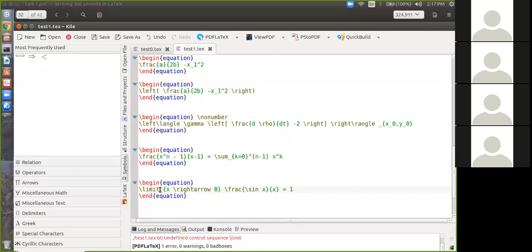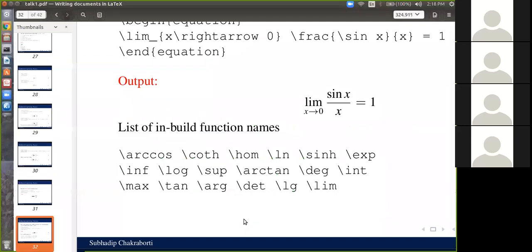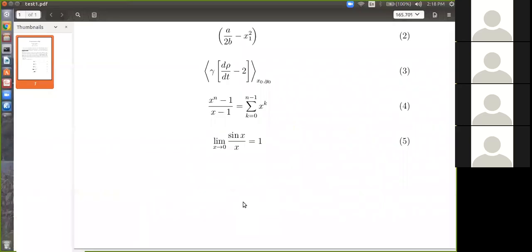Oh, slash lim. Yeah, thanks. Slash lim. Yeah, now no error. Slash lim is the inbuilt function for limit. Yeah, limit x tends to 0, sin x by x is equal to 1.